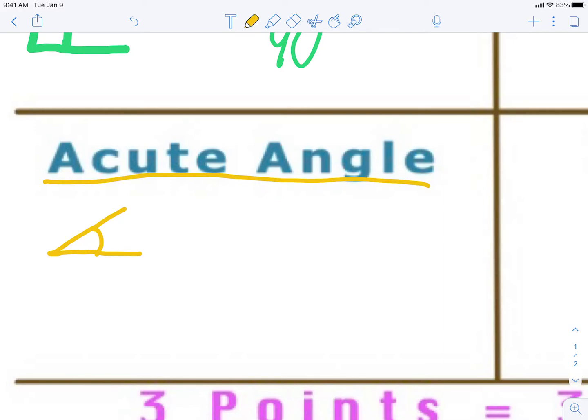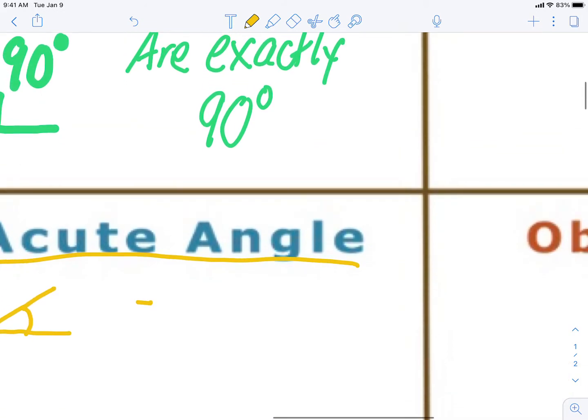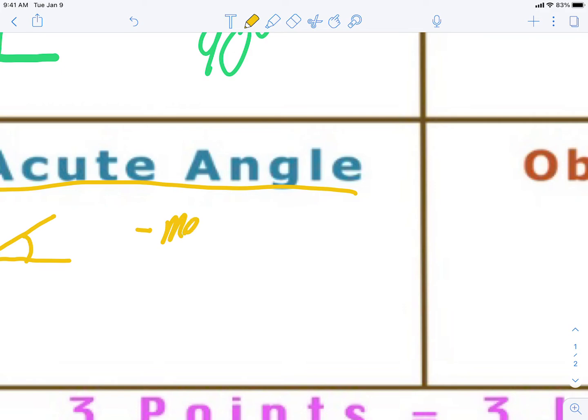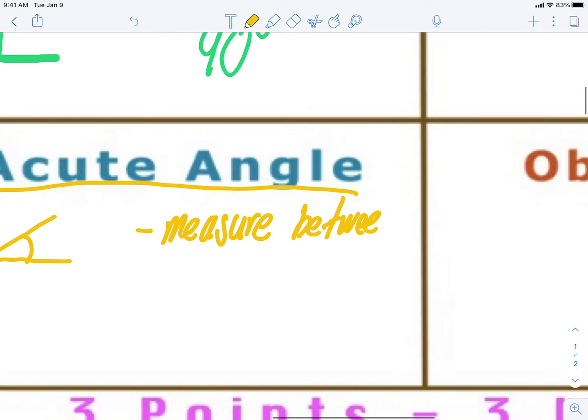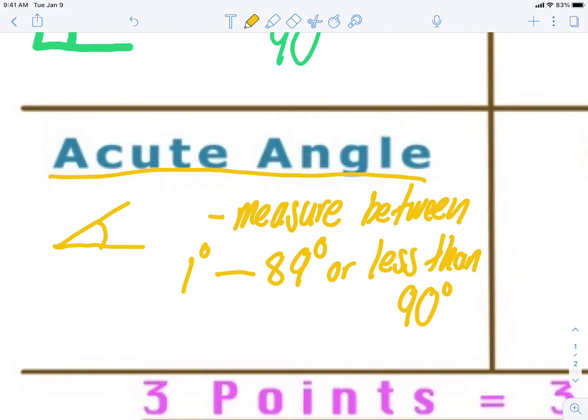It's acute, right? So acute angles measure between 1 degree and 89 degrees. Or you can say less than 90 degrees are acute angles.